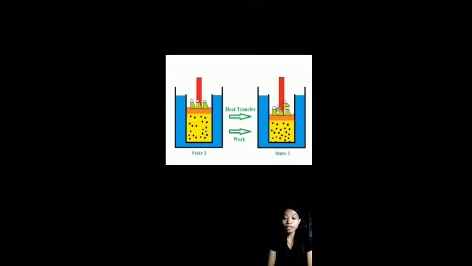As you can see, in state 1 is where the heat is stored, and in state 2, this is a system where the heat is transferred. Therefore, heat is transferred into the system and work is done by the system. In short, energy is conserved, but its form can be converted.